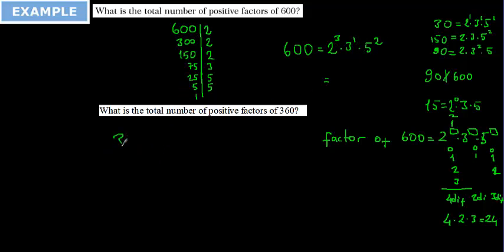Now if I do this one for 360, I'm going to divide again by using the prime factorization. 360 divided by 2 is 180, divided by 2 is 90, divided by 2 is 45.